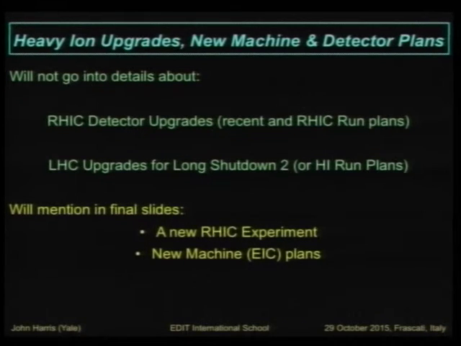Likewise, the LHC upgrades. I think only ALICE has a plan that's totally approved, and I think ATLAS and CMS have just passed the first stage of approval. The long shutdown 2 of LHC will take place in 2019 or so.